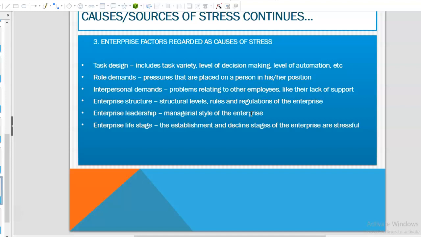There is too much demand about things that are required and all of that. Then we have enterprise life stages. Now they are talking about 2 stages, whereby the beginning of the enterprise is stressful, and the decline stage of the enterprise is stressful as well.